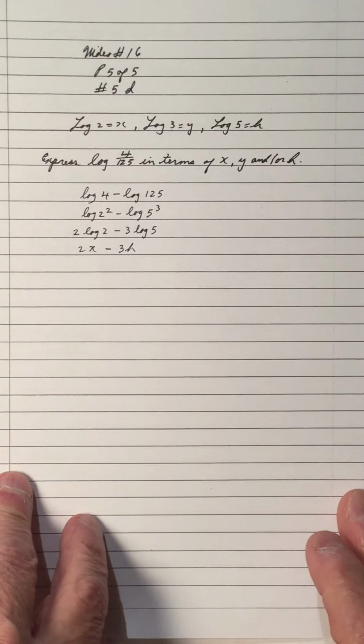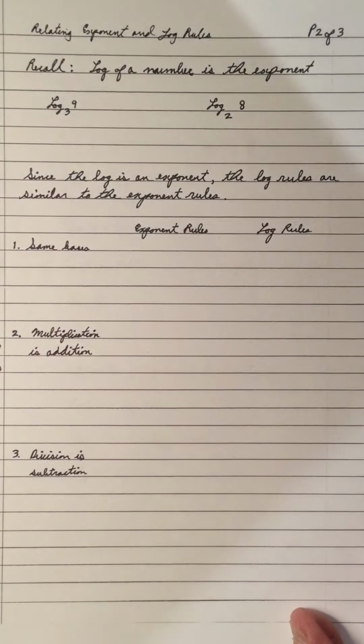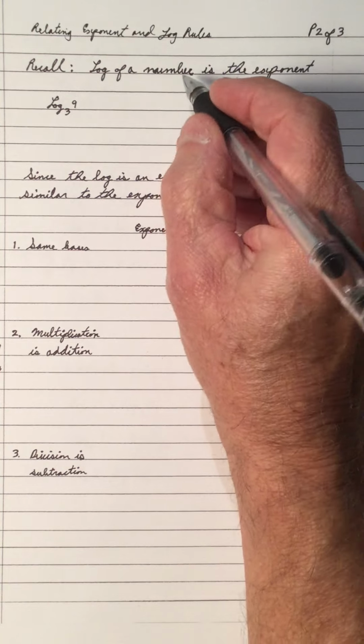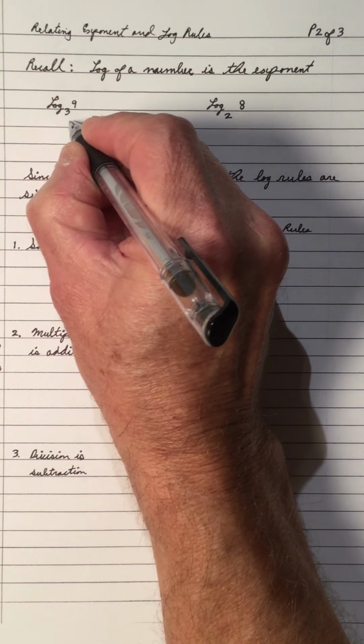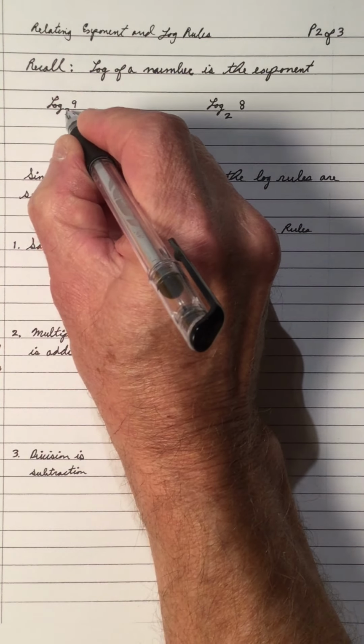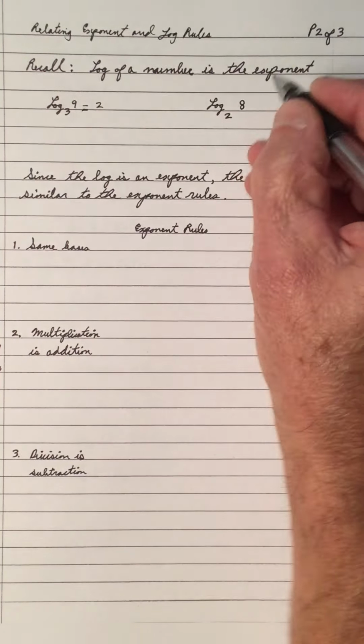Now that I have that problem done, let's move on to relating the exponent and the log rules. Recall, the log of a number is the exponent. Note that 3 squared is 9, so the log of 9 base 3 is 2.